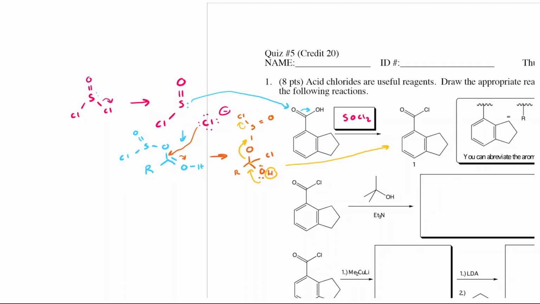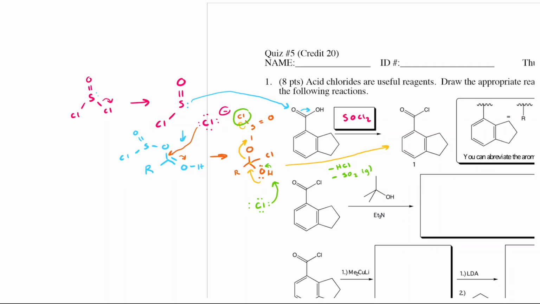But we can get rid of this H because, let me get a different color, we kicked out a chloride here, so we have this in solution, and it's just going to deprotonate that H and give the bonds there. So minus HCl, minus SO2.